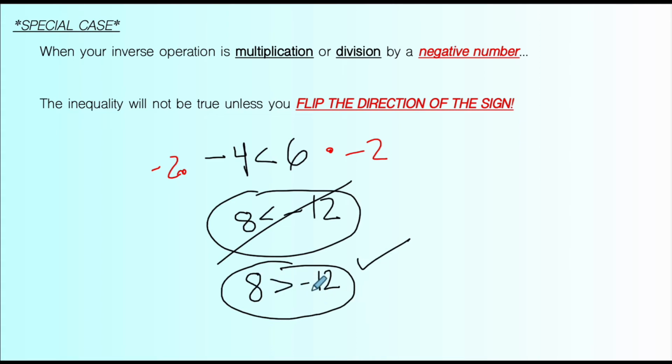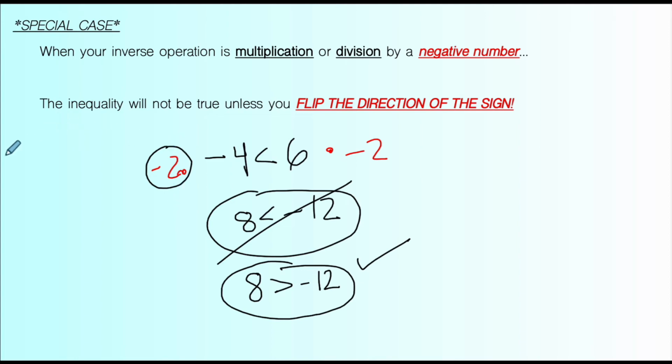It seems a little bit weird, but if you ever have an inequality that you are solving and the inverse operation asks you to multiply or divide by a negative number, so that the number that's being multiplied or divided is negative, then to keep the inequality as something that is true, you must reverse or flip the direction of the inequality sign.